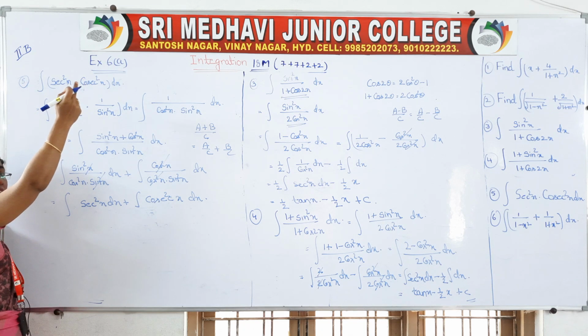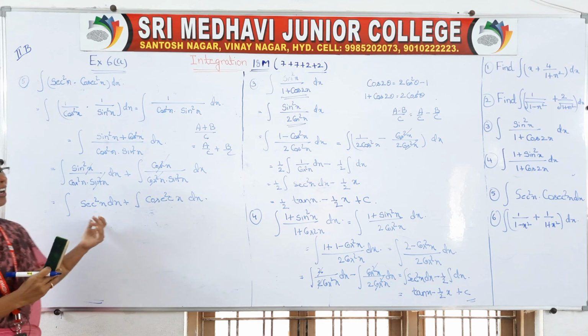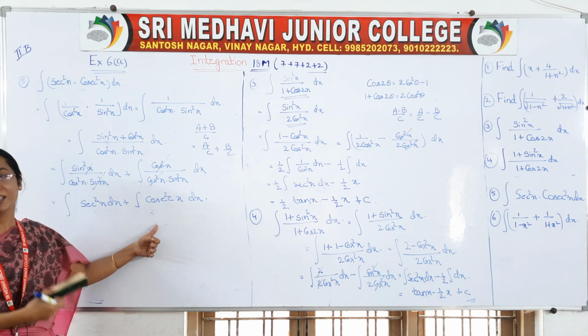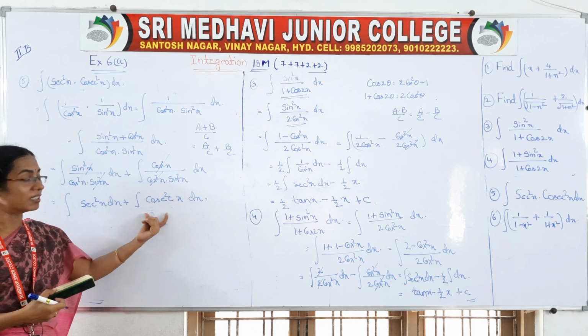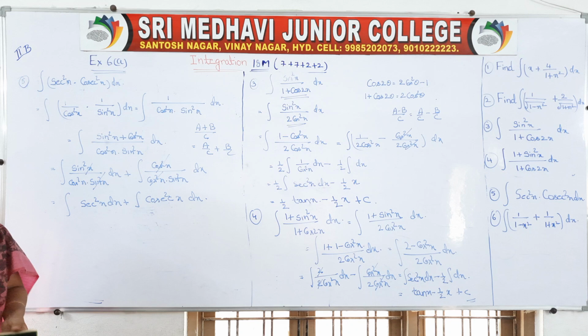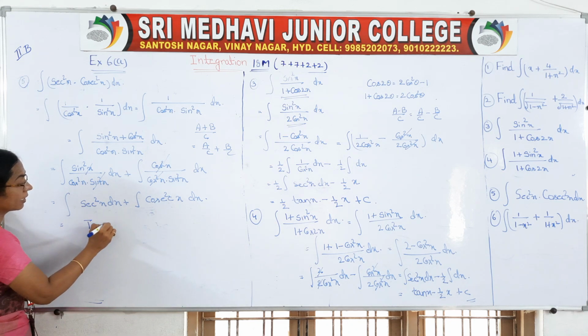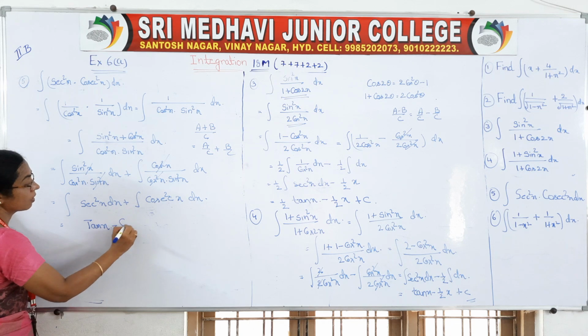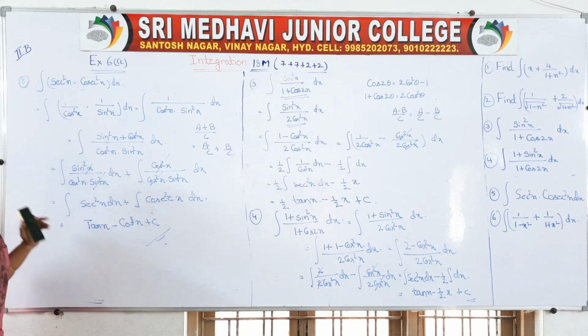We don't have any direct formula when they are in multiplication form, but when they are in addition form, we can write separately. This is a standard integral formula, and this is also a standard integral formula. You can easily get your answer: this is tan x and this is minus cot x plus c. That is the answer.